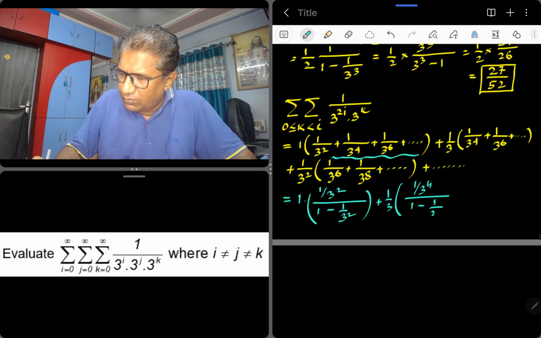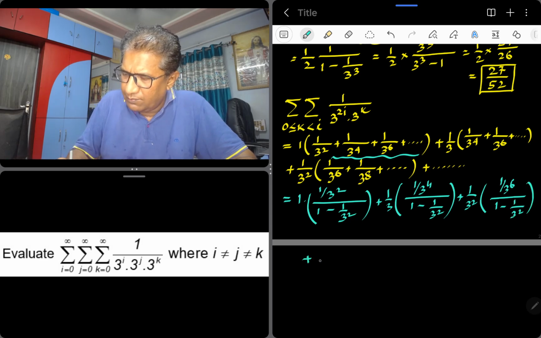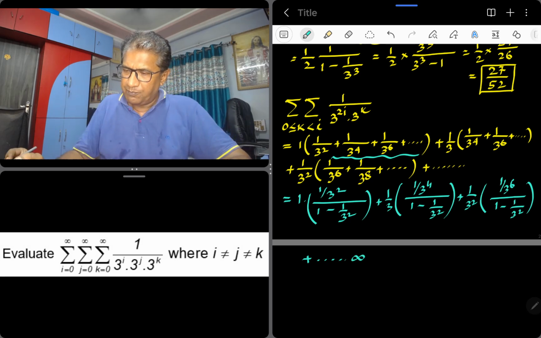In this case also 1 over 3 square. Again, this is 1 over 3 to the power 6 divided by 1 minus 1 by 3 square, and this thing goes on till infinity.